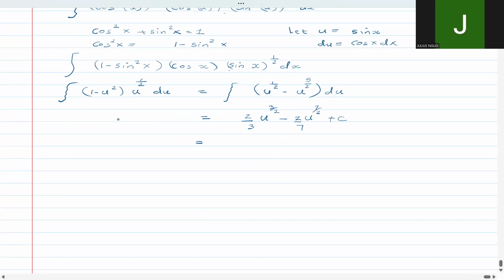Now if you replace u with x's, 2/3, our u is sine, so it's sine of x to the power of 3/2 minus 2/7 sine of x to the power of 7/2 plus a constant c. So that's part one. That's part three of the exam.